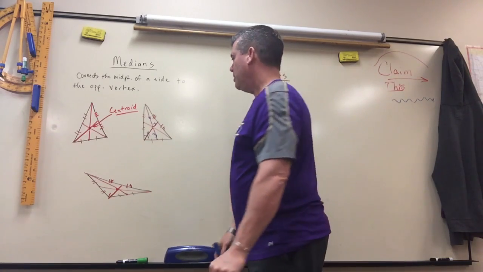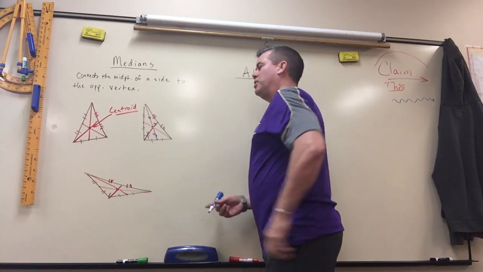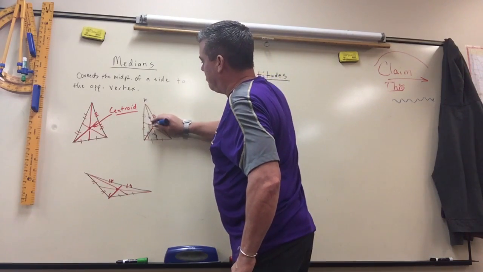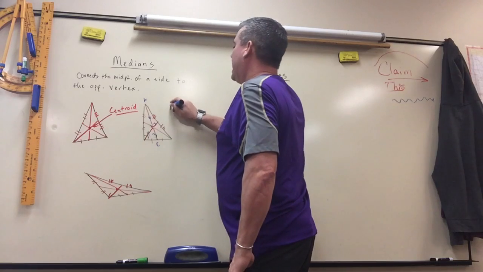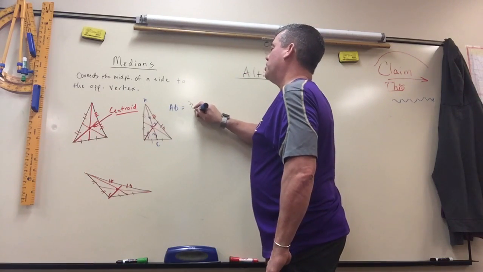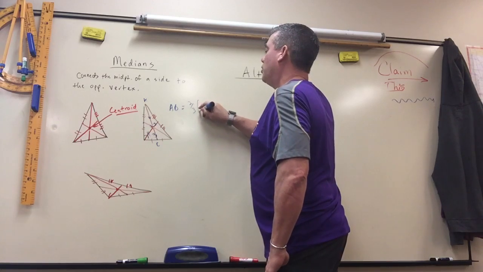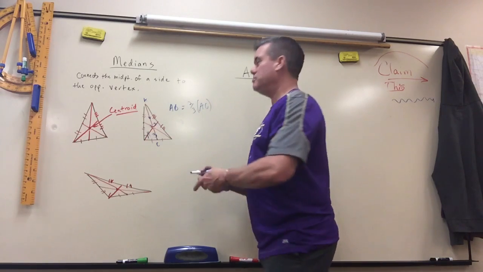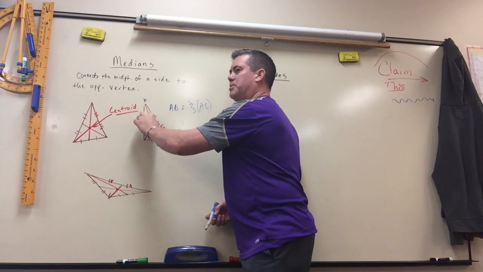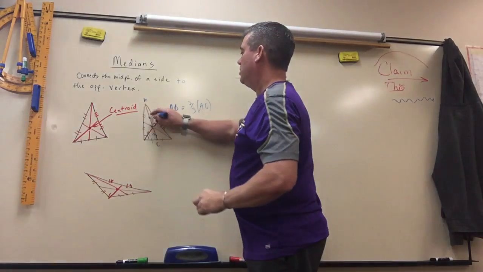Now, the way they show it in the book is this piece right here, say this is labeled A, B, C. AB is 2/3 of the whole thing. Because if this is 3, I could split this up into 3 and 3, right?